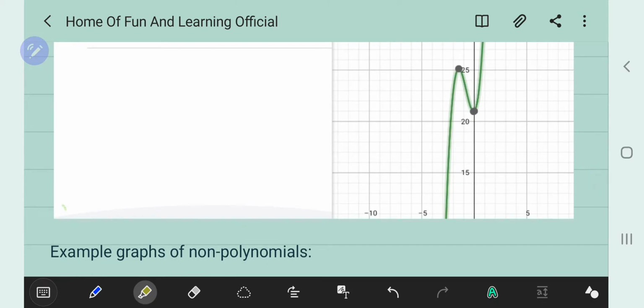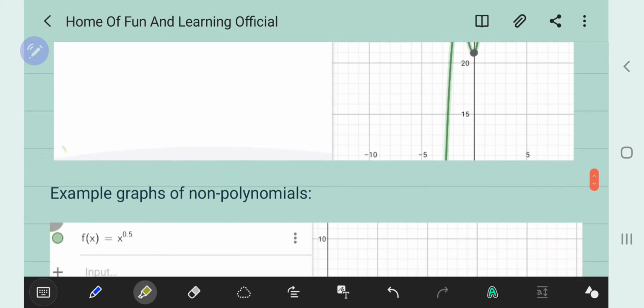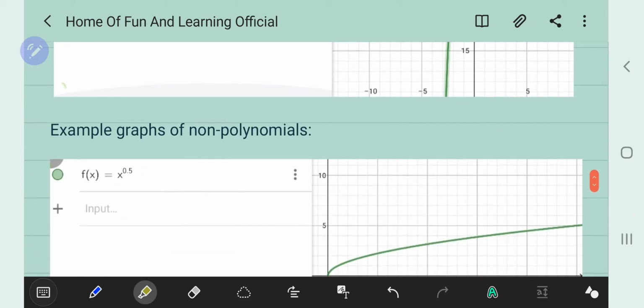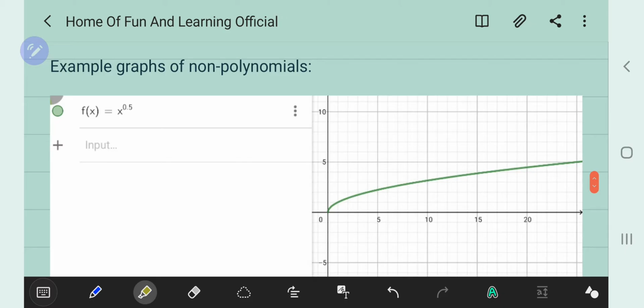We are going to see the example graphs of non-polynomials. Okay, so let's just see, and we will also explain why they are classified as non-polynomials. Okay, so the first graph is x to the power half.